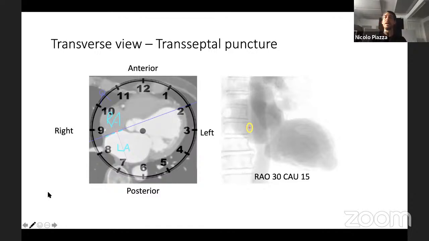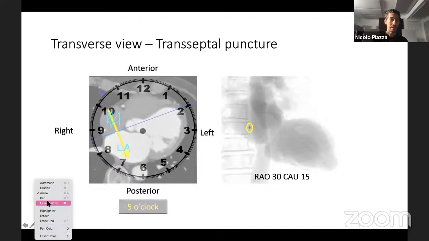And so this allows you to understand why we say 5 o'clock. Notice that the arrow here is pointing somewhere to about 5, 6 o'clock.